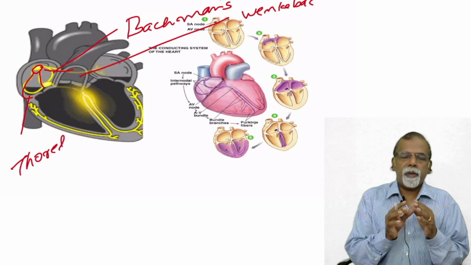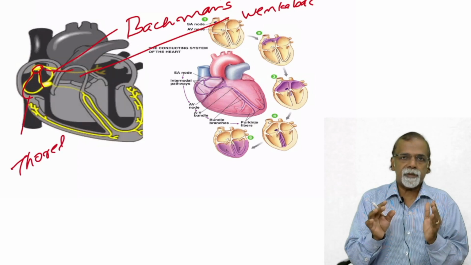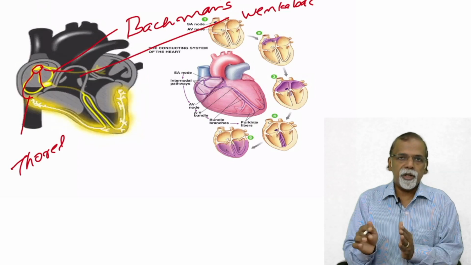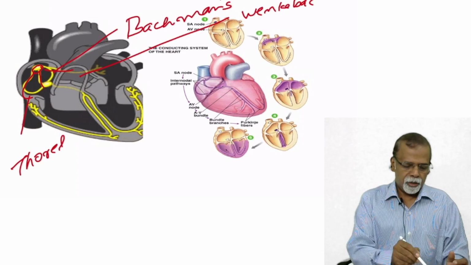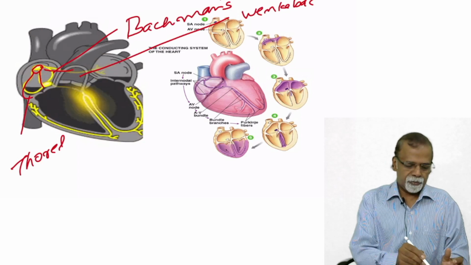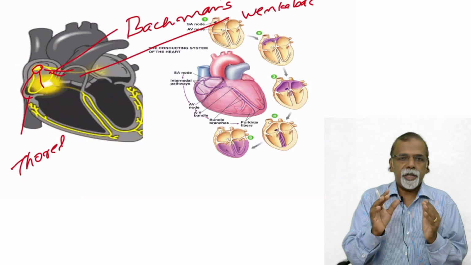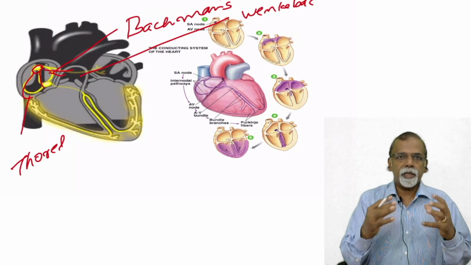One important aspect of Bachmann's bundle is that it transmits impulses not only to the AV node but also to the left atrium. You can see the bundle going to the left atrium. So almost simultaneously the right atrium and left atrium contract.